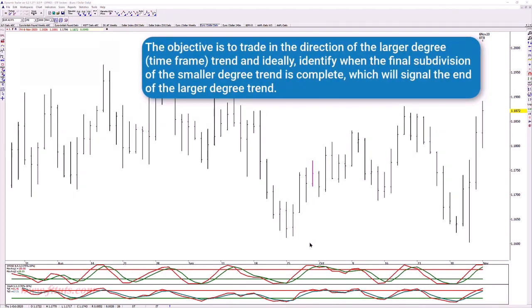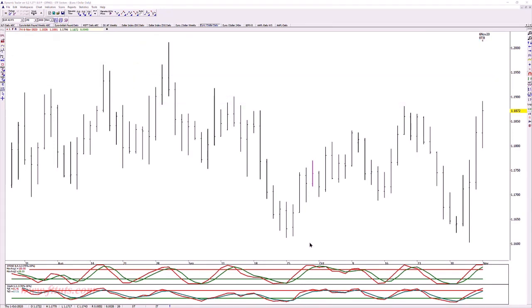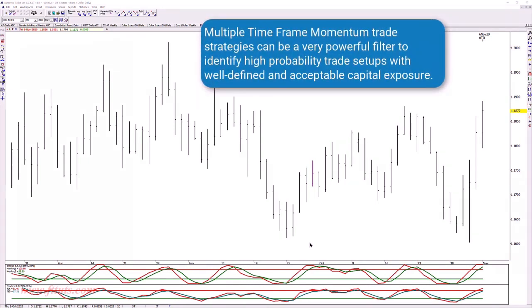So again, the terminology in Elliott wave is different degrees of trend, very similar to how we speak of different time frames or multiple time frames. So let's take a look at how we use momentum and multiple time frames, because this is something that is rarely used and rarely taught. I began teaching it many years ago.